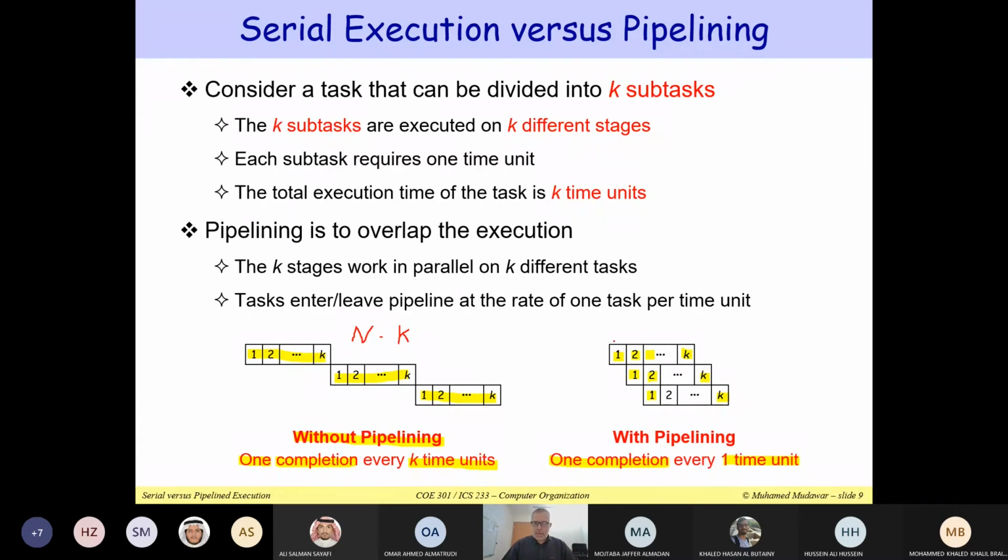How about if I would like to do it with pipelining? How long does it take to execute n of these tasks on a k-stage pipeline?